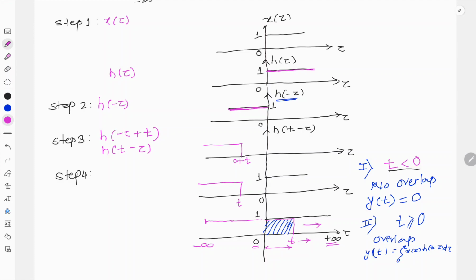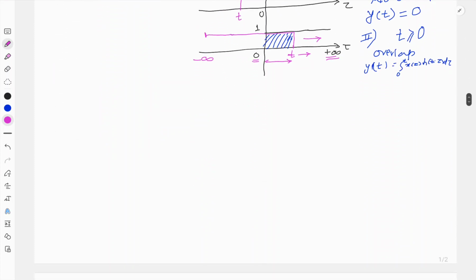If such a condition exists, then we need to find that particular condition of t and again integrate our overlapping region. So for this particular example, we have only two conditions. The first condition is there is no overlap for t less than 0, and the second condition is when t becomes greater than or equal to 0, the overlap exists and we need to find the integration. So let us evaluate this integration.